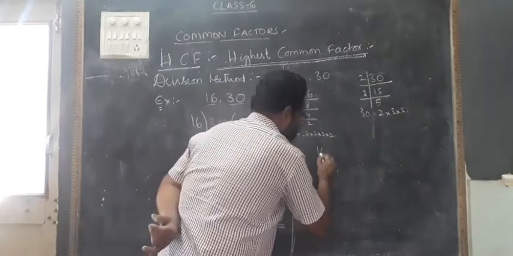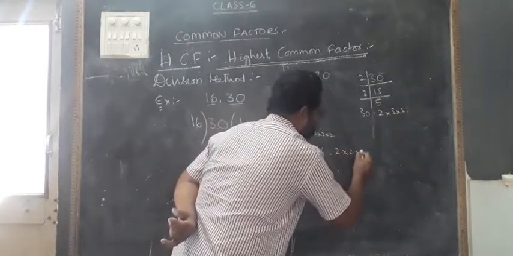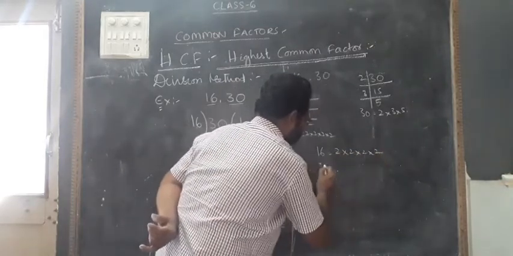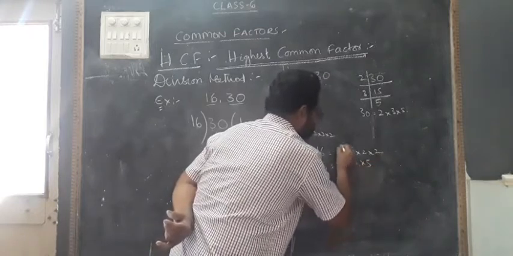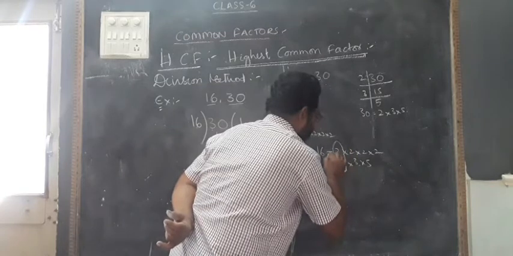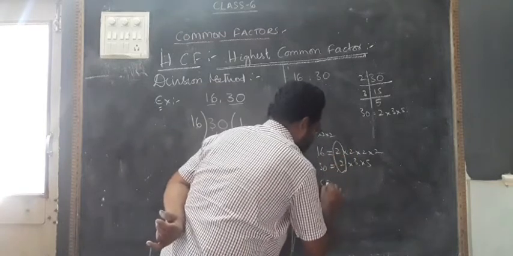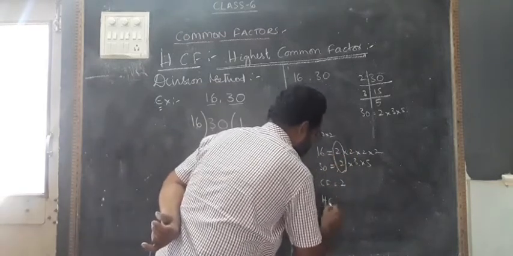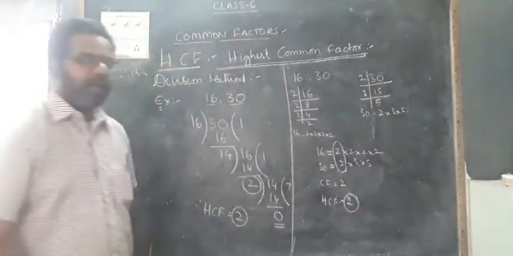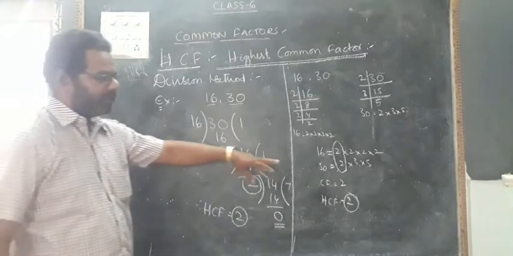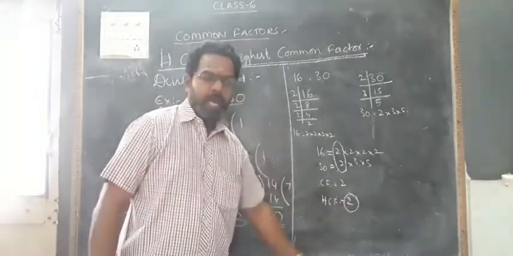Now 2 is the only common factor, and the highest common factor is also 2. Why? Because no other factor is there. If any other common factor were there, we would multiply the common factors.